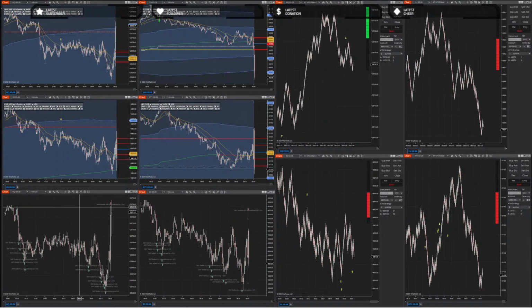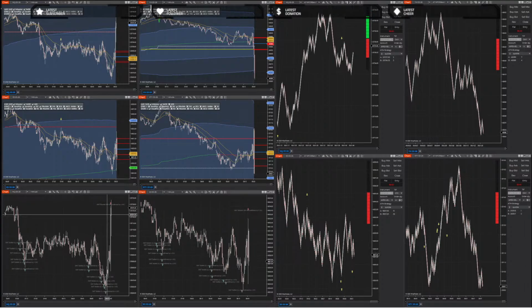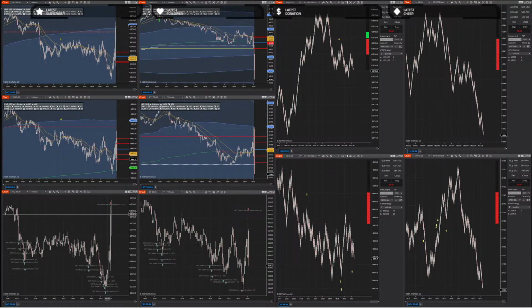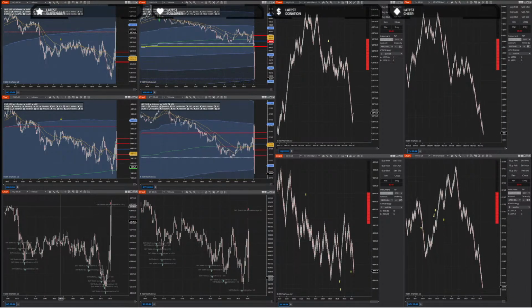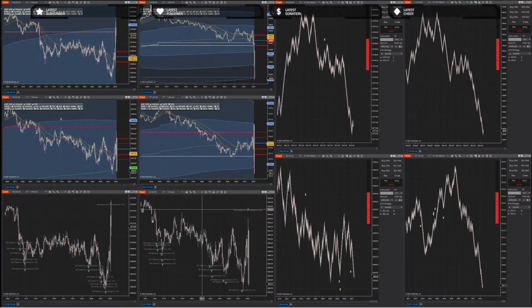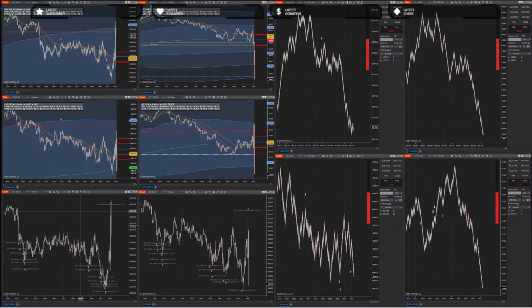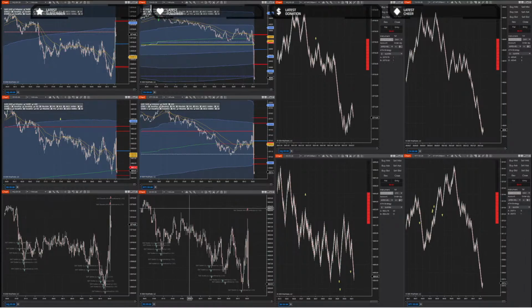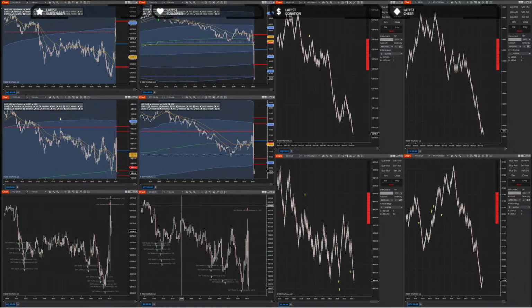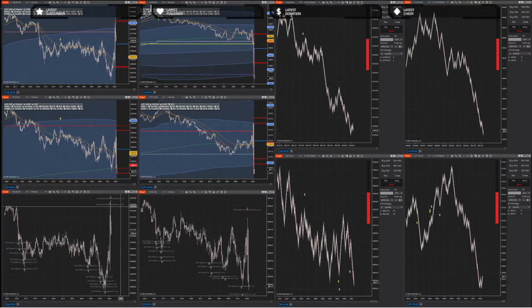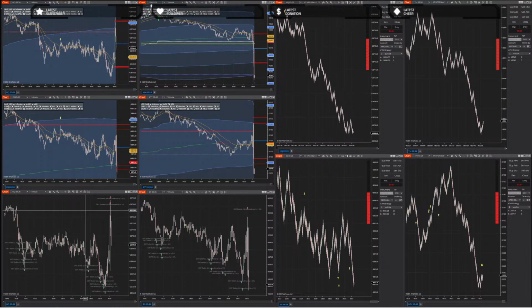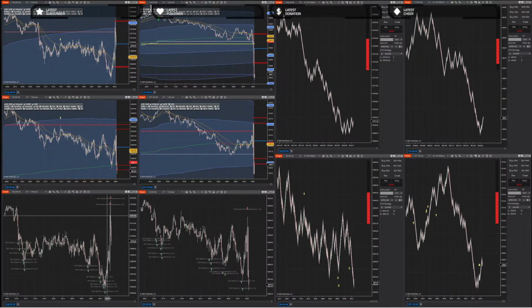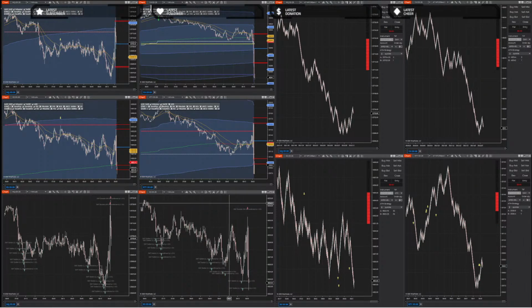Down here on the lower left, we also have another algorithm called SMT divergence. Basically it's looking for higher highs and lower lows across all of the instruments. I'm really only caring about NQ and ES, to see if they're congruent with all the other instruments. So NQ looks at ES, YM, and others to see if there's a higher high or lower low.